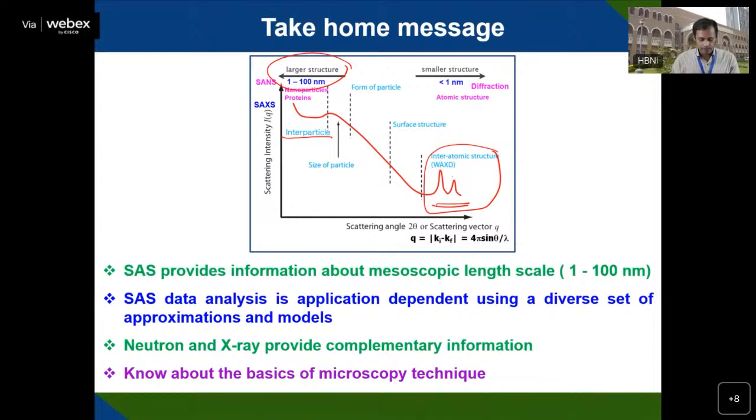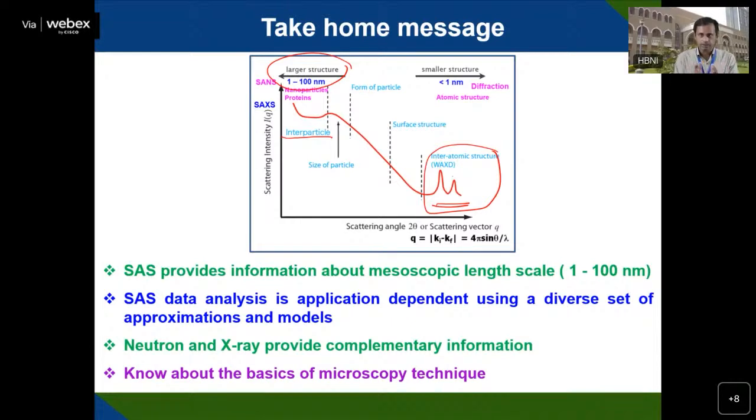The SAXS data, small angle X-ray scattering data, analysis depends on a diverse set of approximations and models. In X-ray diffraction or imaging techniques, you directly interpret the data and get the results. But in small angle X-ray or neutron scattering, you have to use various models and approximations to transform the Fourier data to real space, and finally you get the result. In small angle neutron scattering, you have the contrast variation between rho of the sample minus rho of the solvent or matrix.